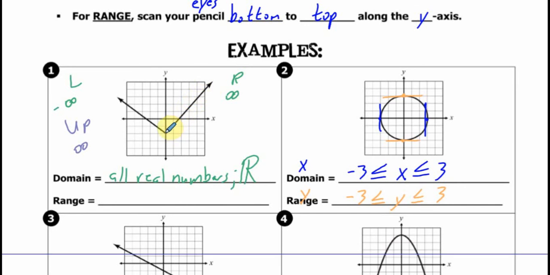It never gets any lower than this point right here. So I'm going to draw a line there. That's the lowest it goes. The lowest it goes is down to -2. And when I scan along this, everything goes up from -2. It is never below -2. So what you say for the range is y must be greater than or equal to -2. We will do some more practice with this.